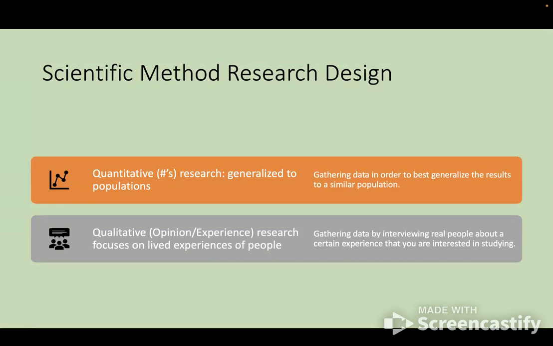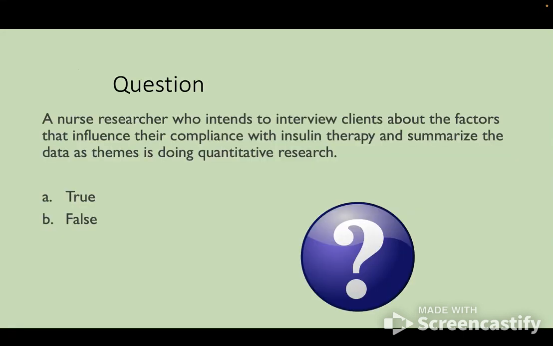If you're primarily looking at numbers and findings with ranges, that's quantitative research. Qualitative research is more of opinion and experience, and it focuses on lived experiences of people. This one is gathering data by interviewing real people about different experiences they've had in the interest that you're studying.